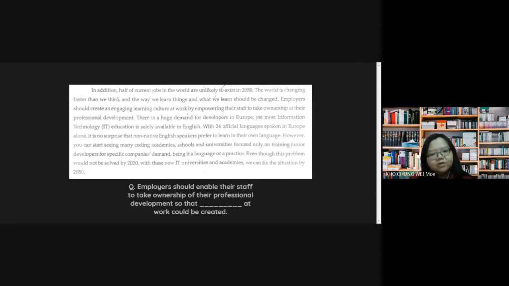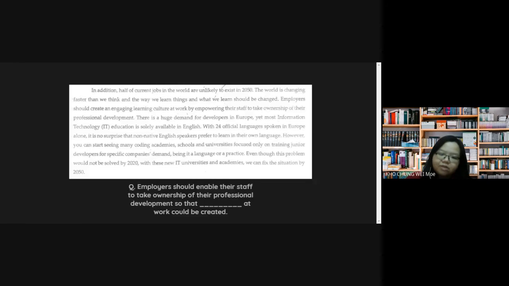Okay, so last chance to redeem yourself for this particular section. So employers should enable their staff to take ownership of their professional development so that blank at work could be created. So basically this question is a paraphrase of the original text. It's a paraphrase of that sentence.